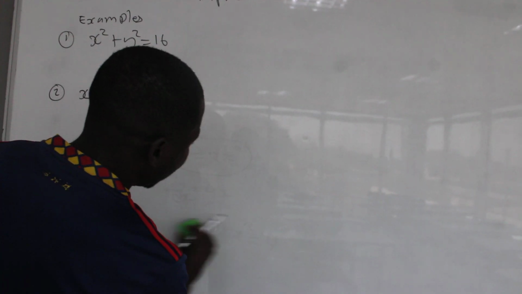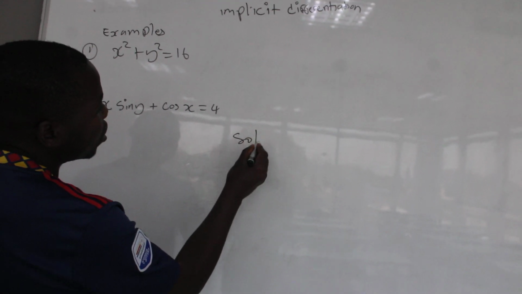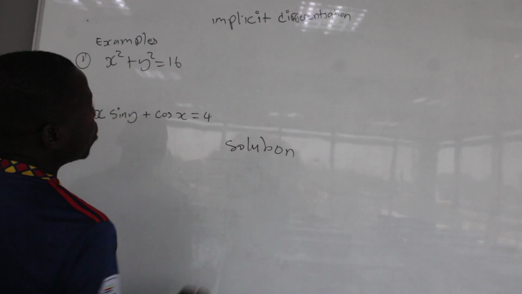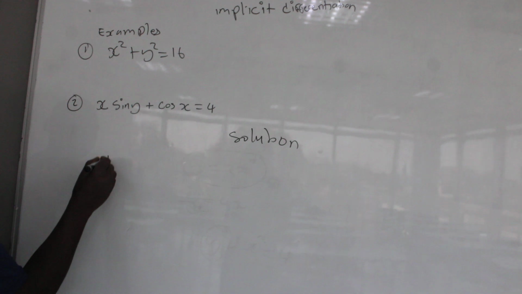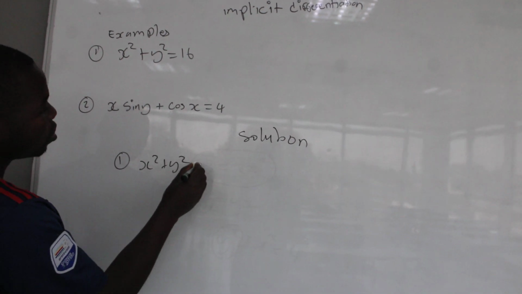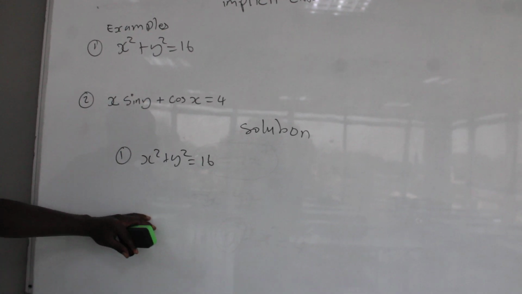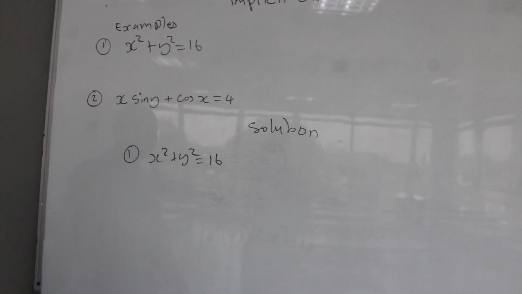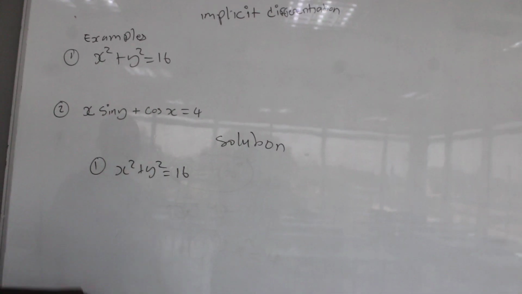So let's start with number 1. If you have been given this to differentiate, y squared plus x squared is equal to 16, I'm differentiating this function with respect to x. So how do you differentiate it?